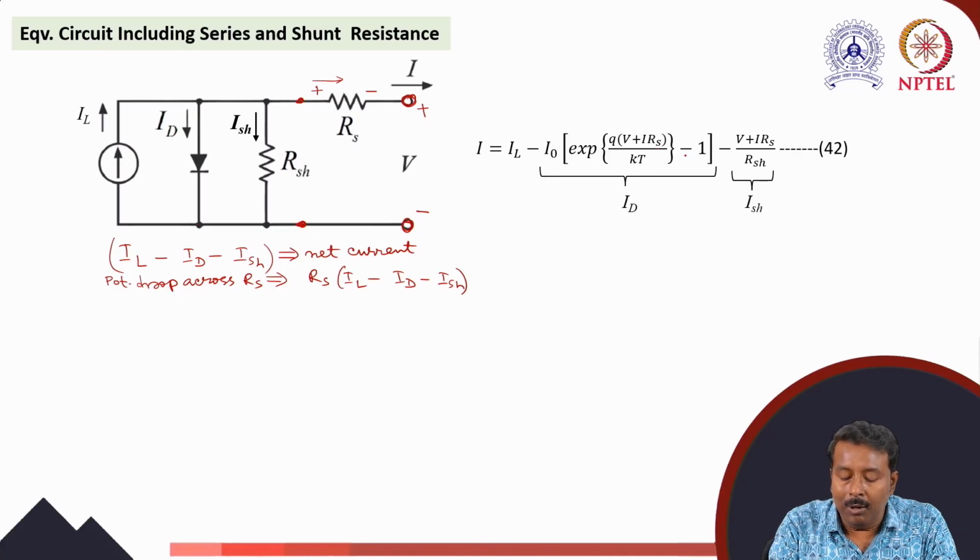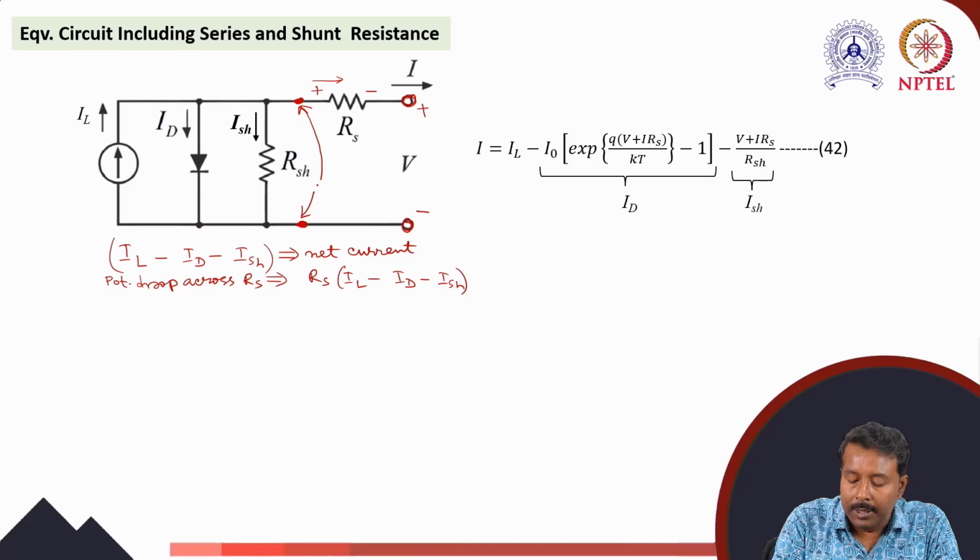And similarly, what is the current ISH? The voltage across this RSH divided by RSH. What is this voltage? This voltage is nothing but V plus IRS.